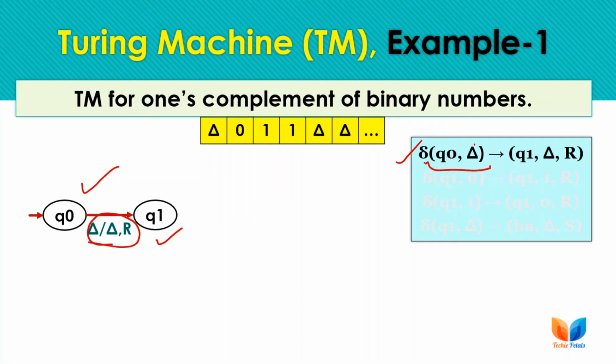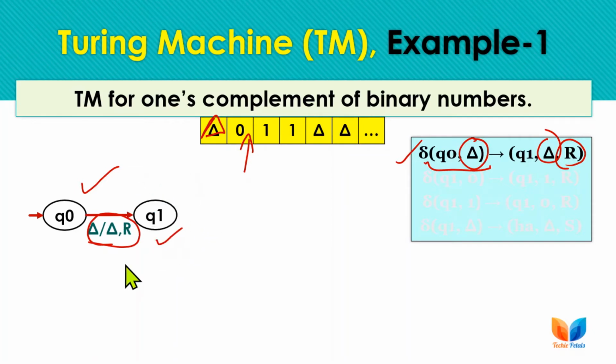From Q0, after reading the blank, we move to Q1 replacing the tape symbol blank with blank, and we move to the right. So this blank is replaced by blank and the read write head is pointing to 0. We say read write because we also perform write operations on the input tape. So now at Q1 we are pointing to this symbol.